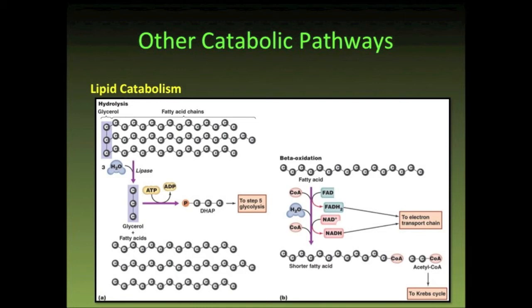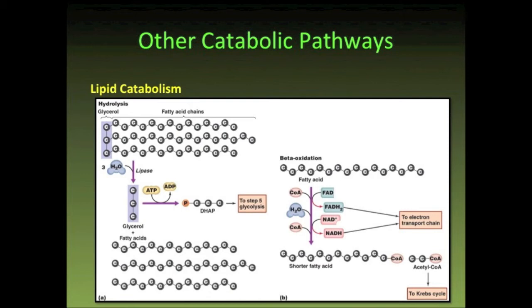The fatty acids released from the hydrolysis reaction may also be catabolized further. The fatty acids are broken down through a process known as beta oxidation. During beta oxidation, enzymes break the carbon atoms of the fatty acid off in pairs that are joined to a coenzyme A, thereby producing acetyl-CoA molecules that may enter the citric acid cycle.